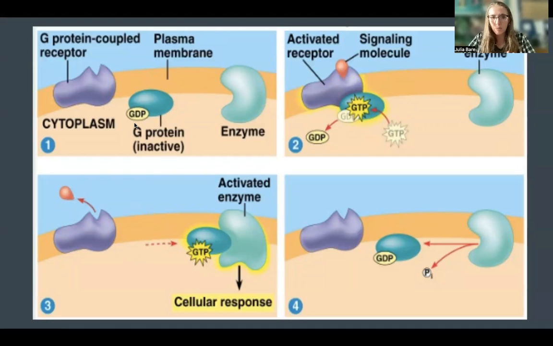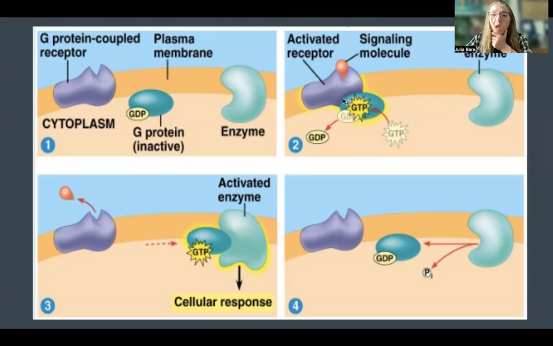So if we look at this example, I'm just going to go through it pretty quickly. We have a G protein that is eventually going to be activated by the presence of GTP. If we look over in the second frame, it's going to be activated by the presence of GTP. Now, GTP is not going to replace GDP until the ligand, the signaling molecule, binds to the GPCR, the G protein coupled receptor.